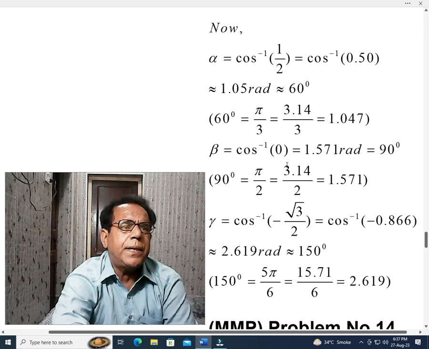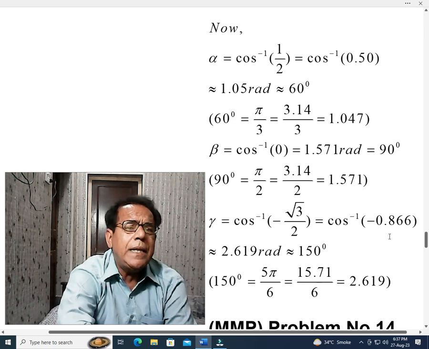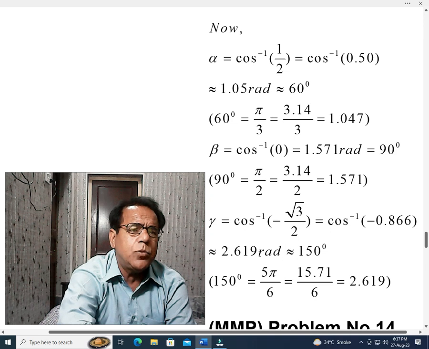Similarly, the value of gamma becomes equal to this 2.619 radian.